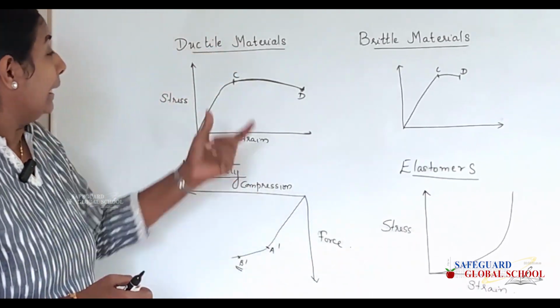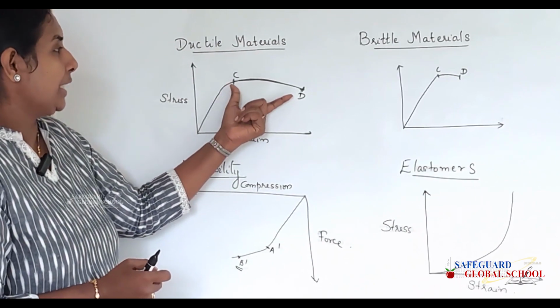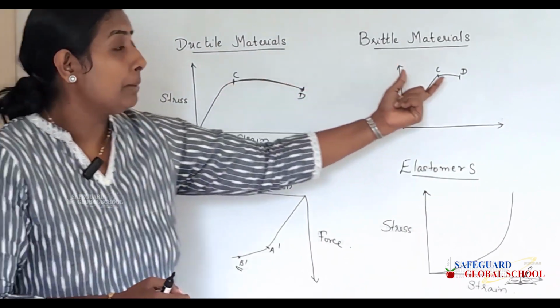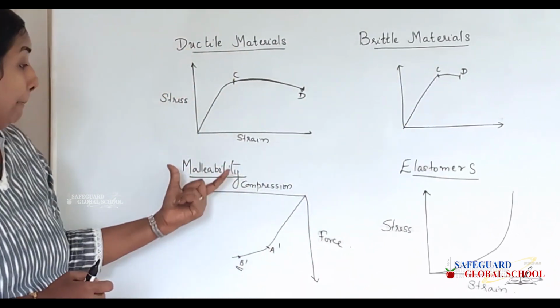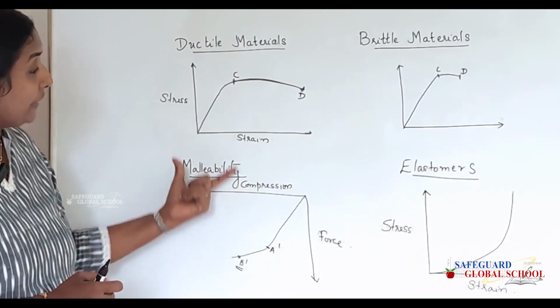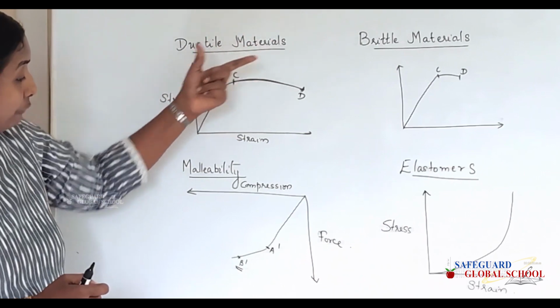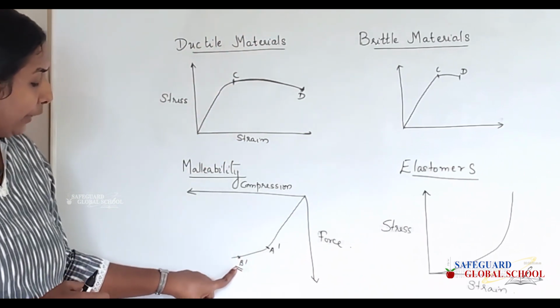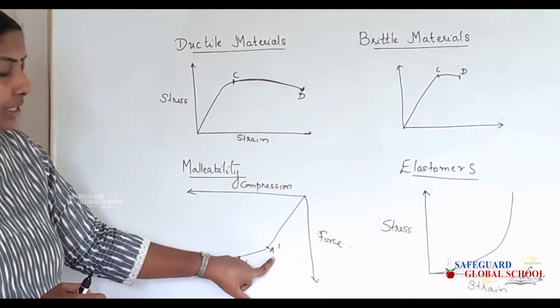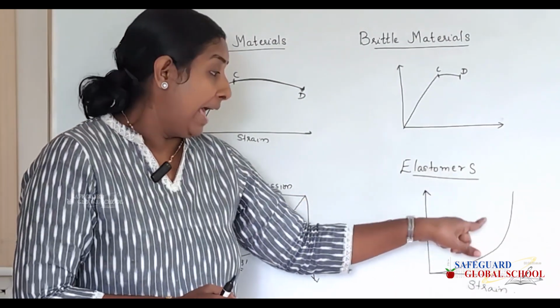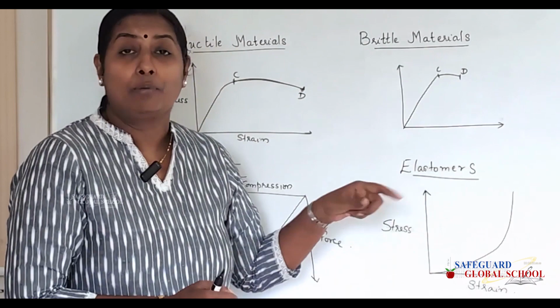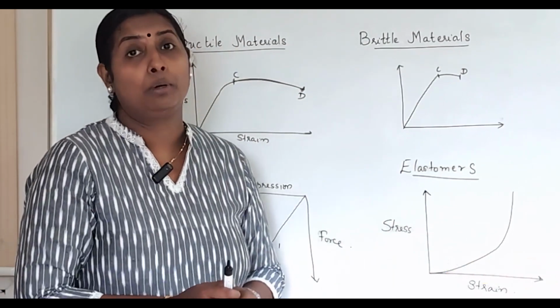So, once again, ductile material where the region CD is long, brittle material where the region CD is very small, then malleable material where the graph is very different from those we have drawn, and there is a crushing point B dash and an elastic limit A dash here, and elastomers like rubber, and in our body, our aorta is a good elastomer.